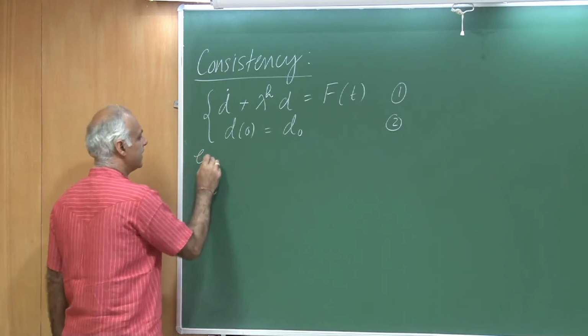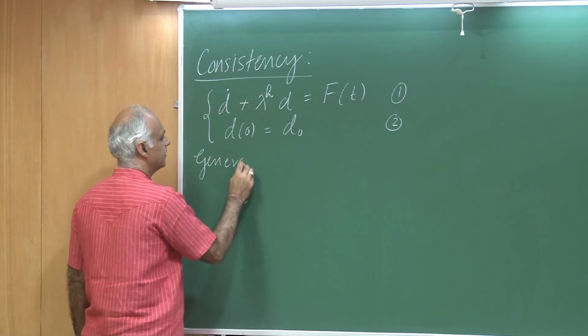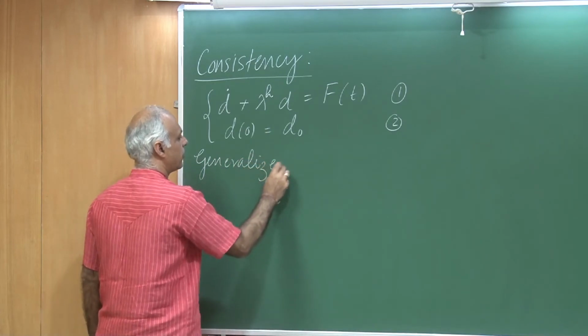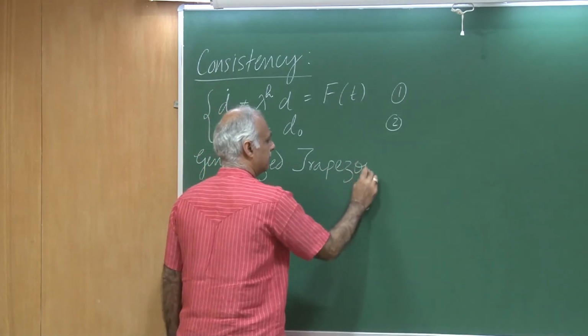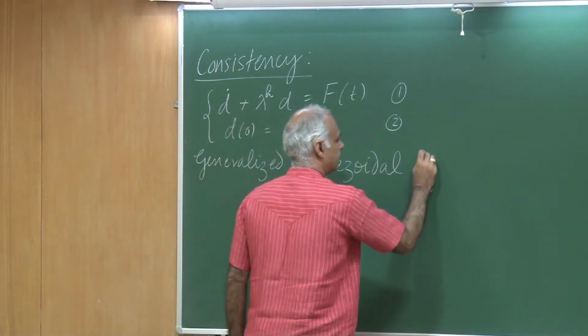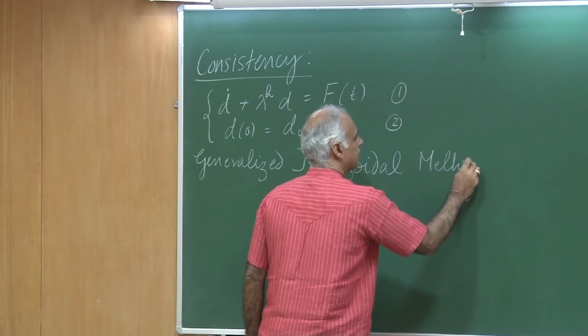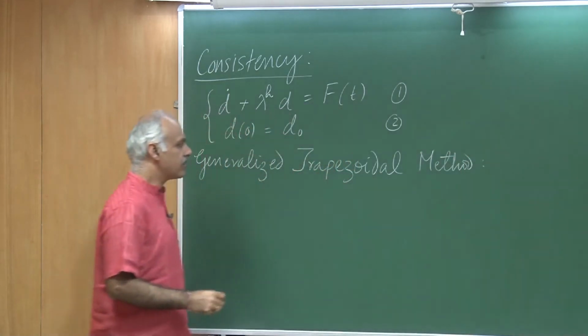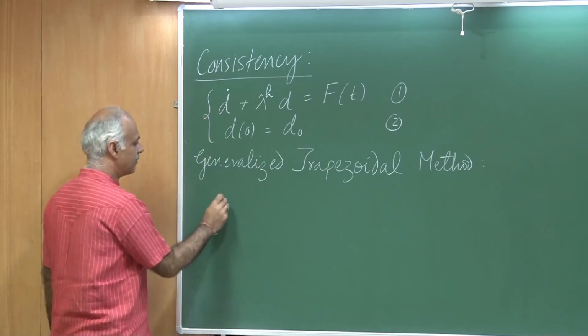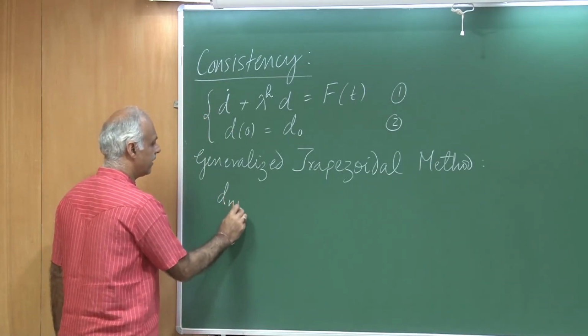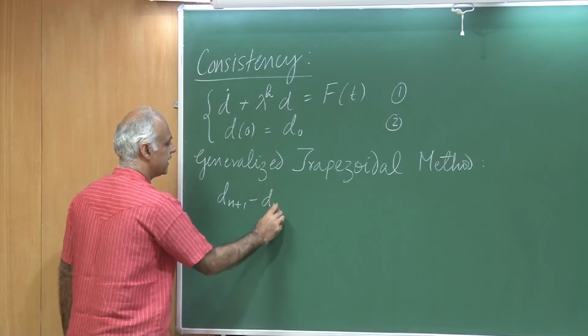So, let us apply the generalized trapezoidal method. I hope by now you have gotten used to the method. So, for the first term I am going to write d n plus 1 minus d n.